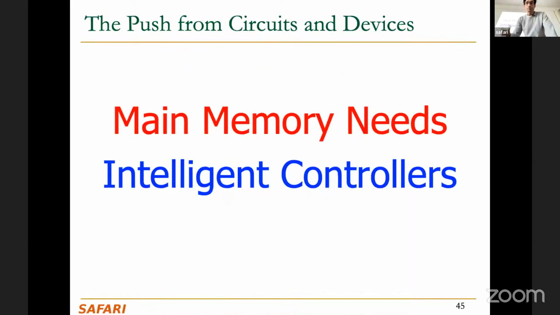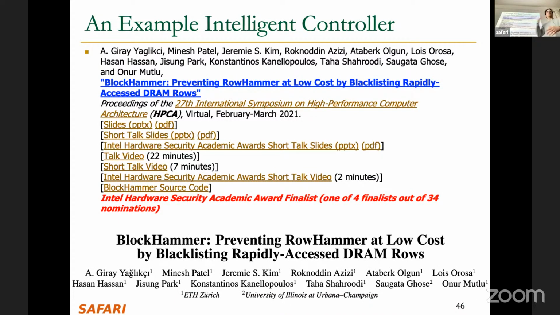But as I was saying earlier, many of these issues can also be solved with intelligent memory controllers. So main memory needs intelligent controllers. Remember that when I mentioned the RowHammer phenomenon earlier, I said you may have an intelligent controller that is able to identify when some memory request from a certain workload can represent a threat, because they could cause RowHammer bit flips.